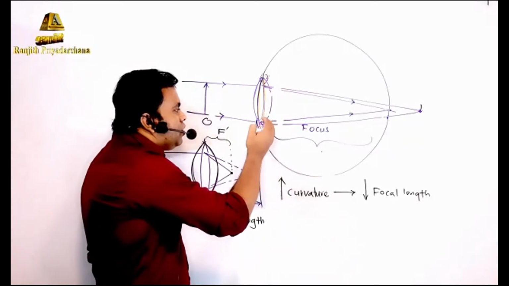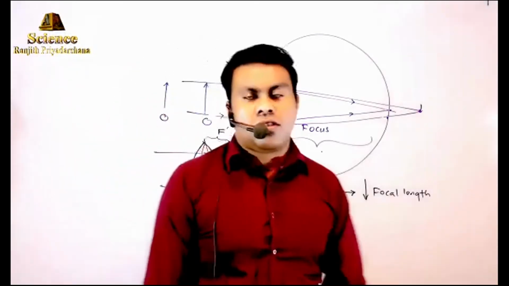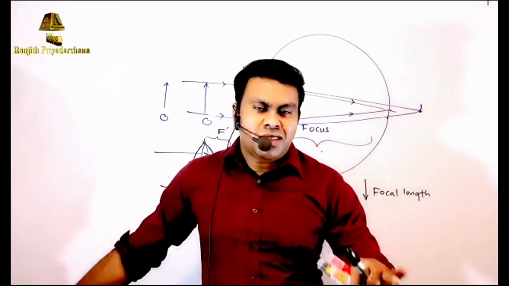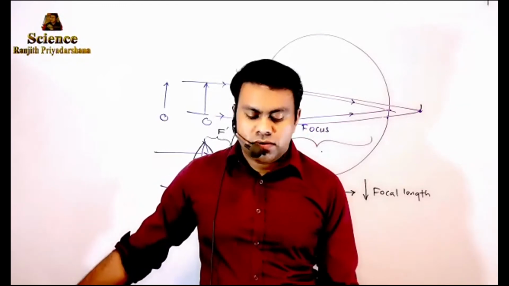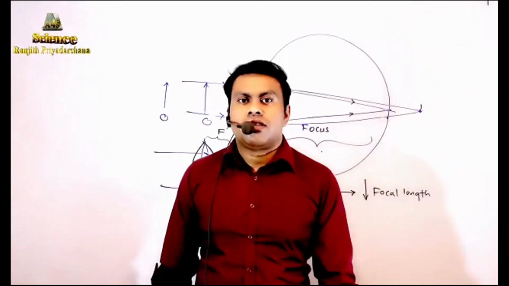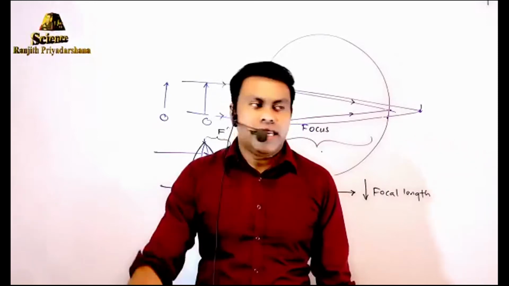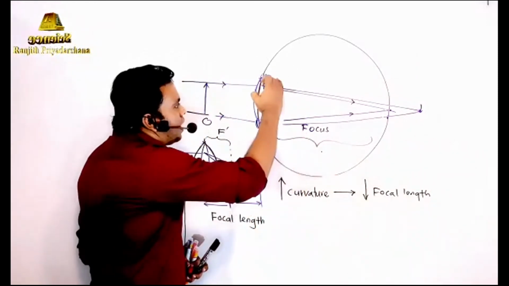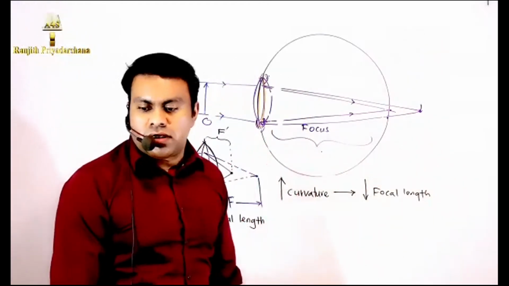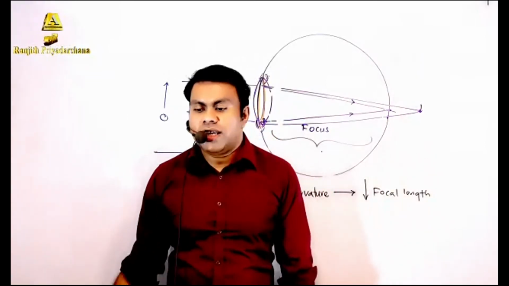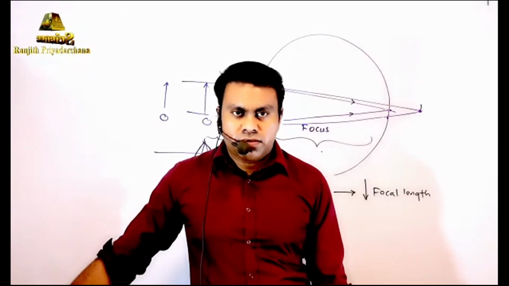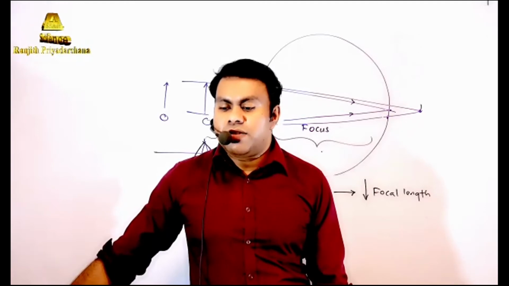And a circular muscle layer. We call that circular muscular layer, or muscle layer, is attached to the lens to control its curvature.